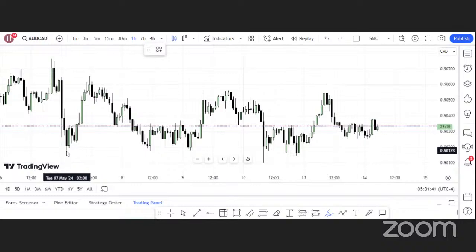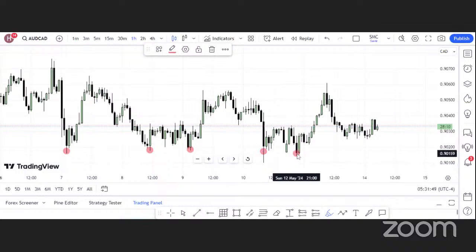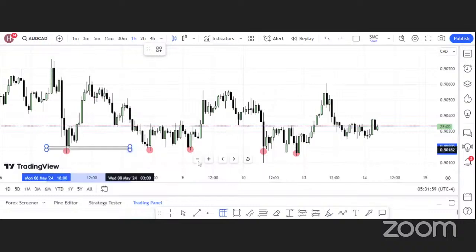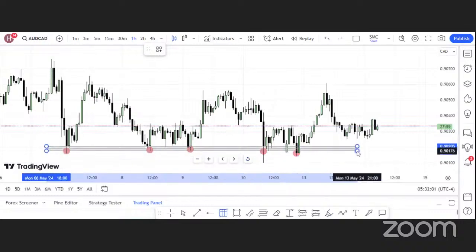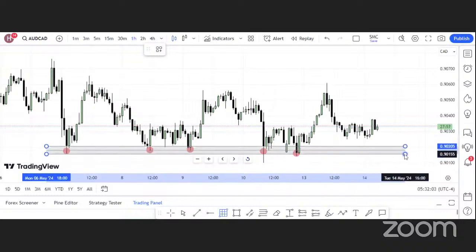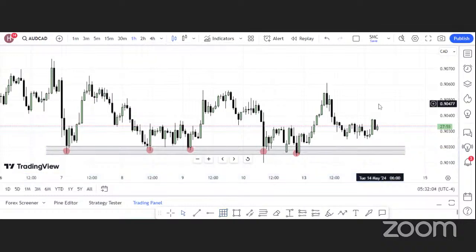So we have this area, we have this, this, and this. And as you can see, the market has rejected from this whole area. Now let's use a box to join them all together.